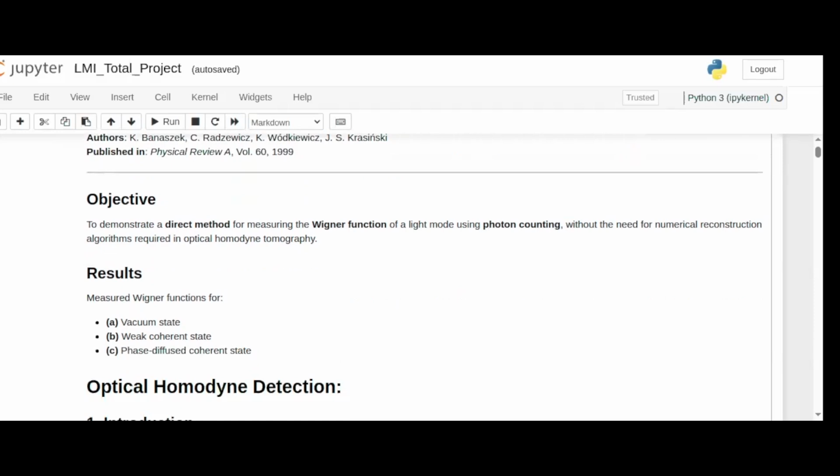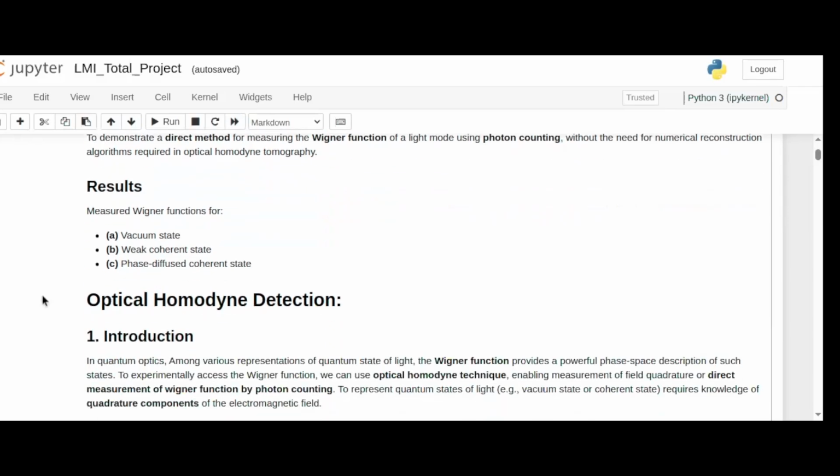Through this technique, we are measuring the Wigner function for light in a coherent state. Since we want to reconstruct the Wigner function for a coherent state of light, there is a technique called optical homodyne technique. What is optical homodyne technique?